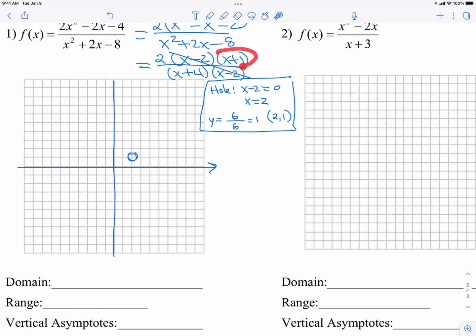So that's just x plus 1 equals 0, which means x is negative 1, so your x-intercept is negative 1 comma 0. Let's put that on the graph. And so your x-intercept is here, negative 1, 0.